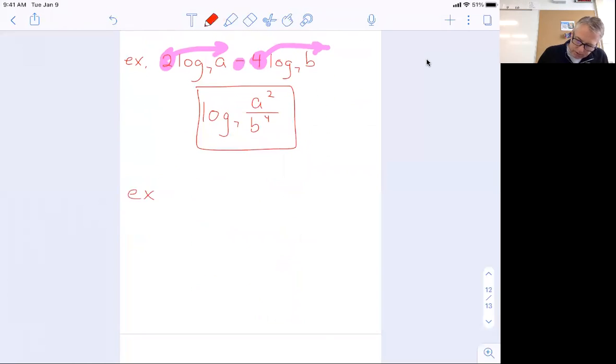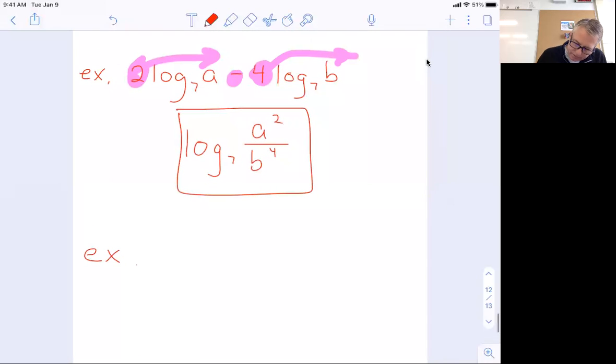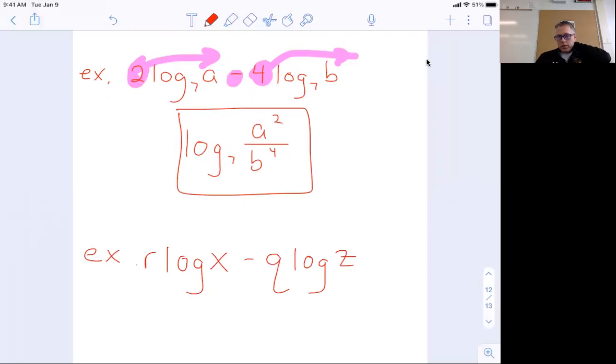All right, let's do another one here. Let's say we have, how about R log of X? I didn't write a base. Remember, that means base 10. I don't have to write anything, but that assumes base 10. Minus Q log of Z. That is an ugly looking problem. We have R log X minus Q log Z. So minus means it's going to be like the last one, a division.